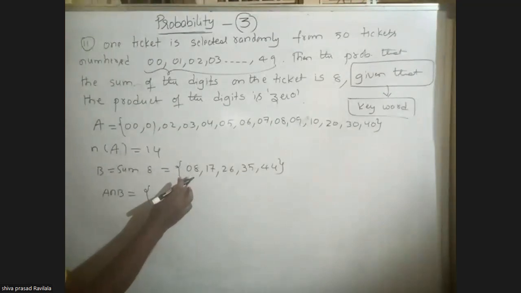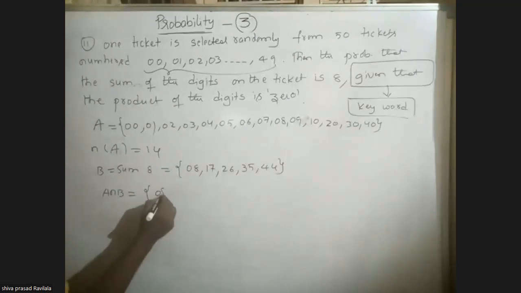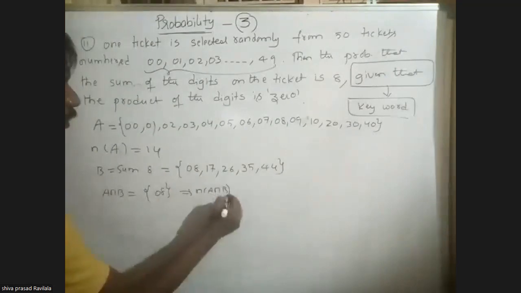Any other? No, only one. Therefore, N of A intersection B is equal to 1.